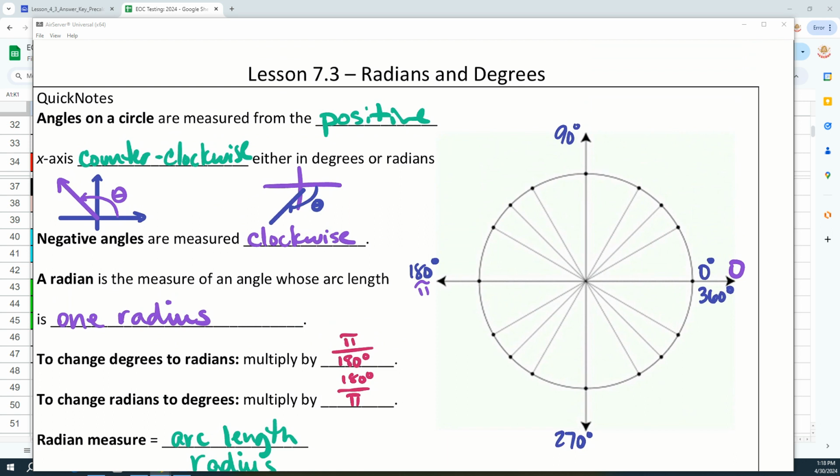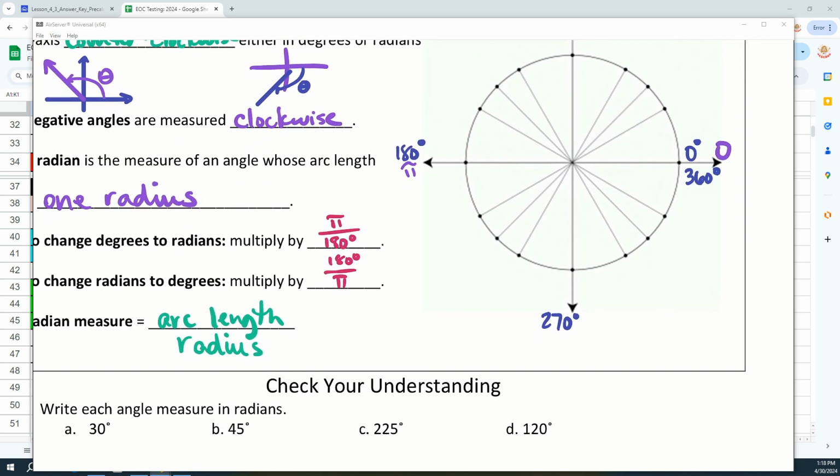What about 90 degrees? What do you think that would be in radians? Half pi, good. Pi over 2. All right, what about 270? Pi and a half, or 3/2 pi. Good job.